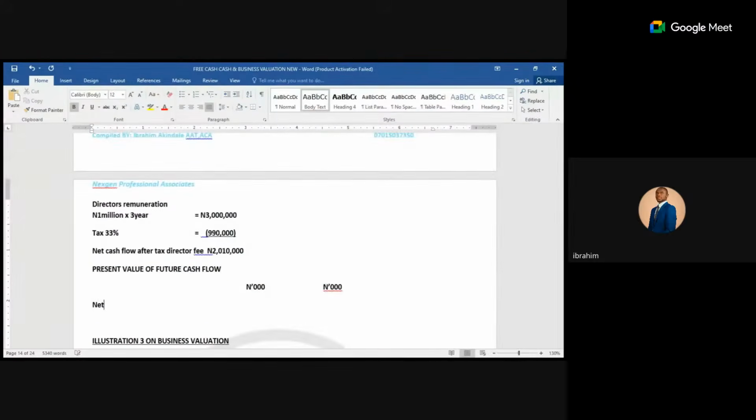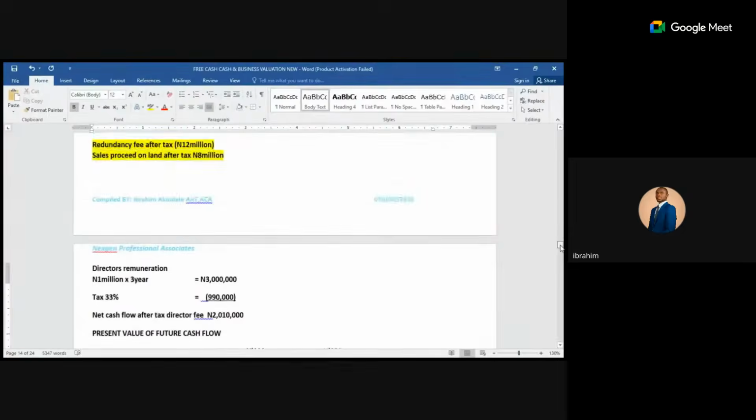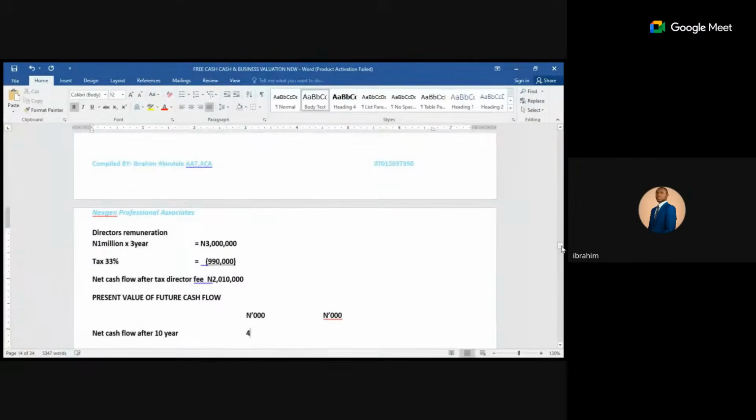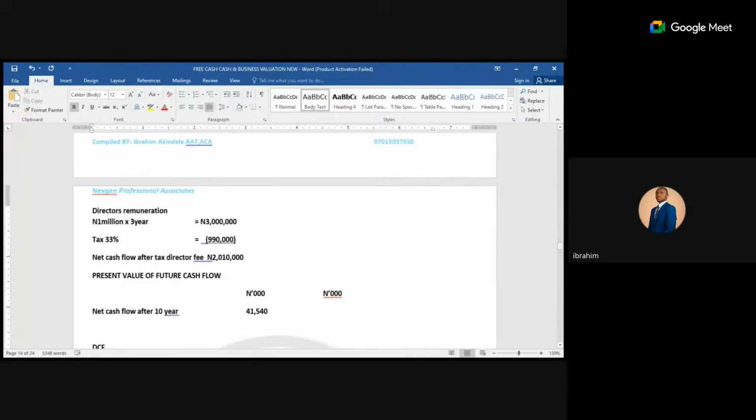So what will be the DCF? What is the net cash flow after 10 years? The figure we got in that part is what? 41,540. Right? So we have to discount it so that we get the present value. DCF.